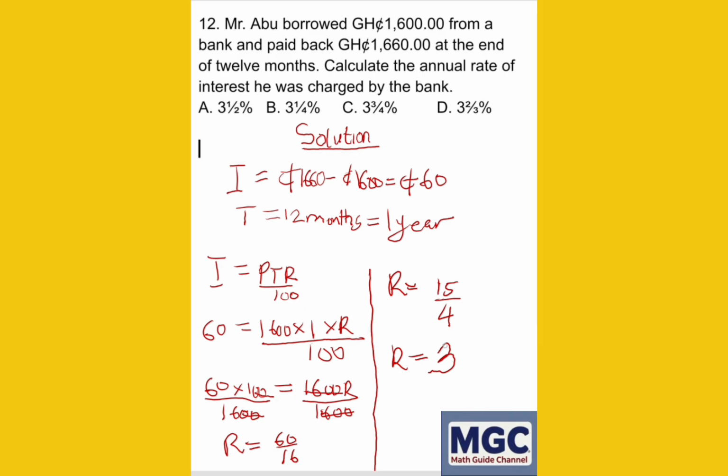And by subtraction, 15 minus 12 will give us 3. So that means that if 4 enters 15 3 times, the remainder will be 3. So we have 3 over 4. And rate is measured in percentage. So we have to add the percentage.